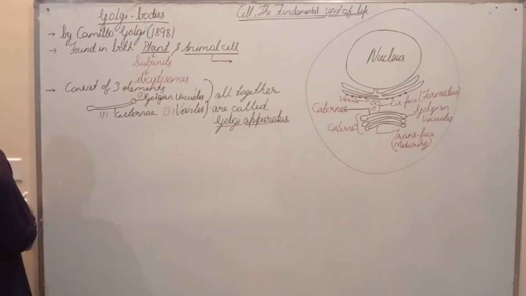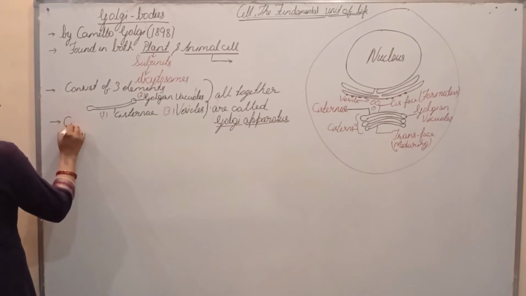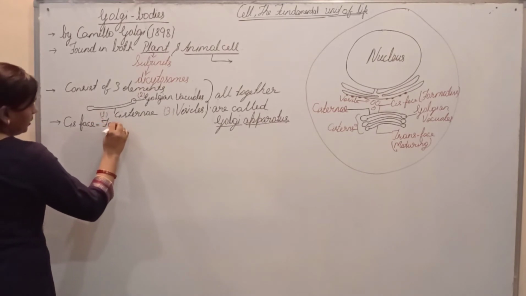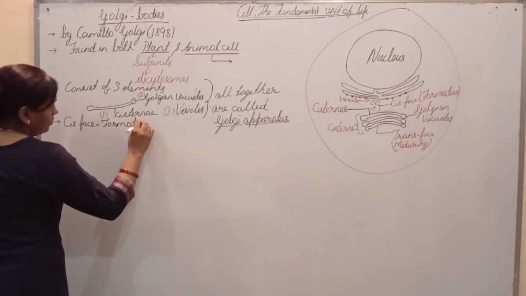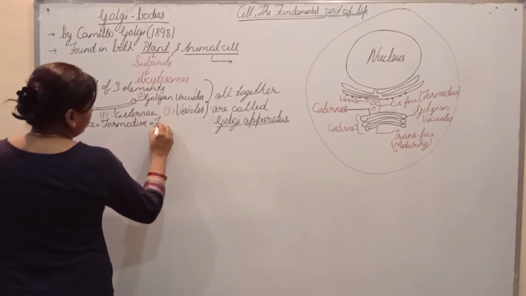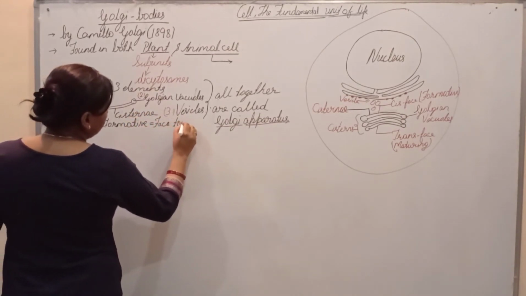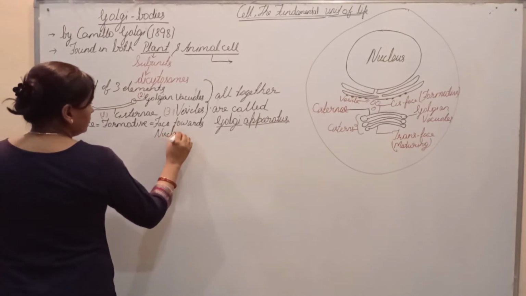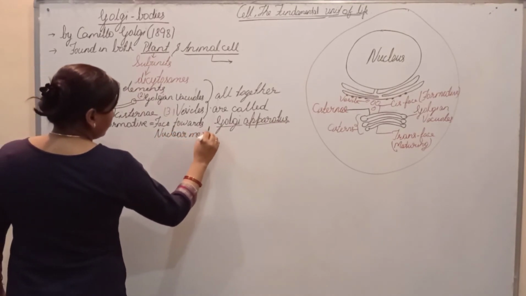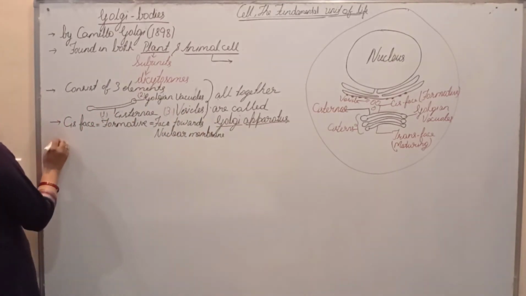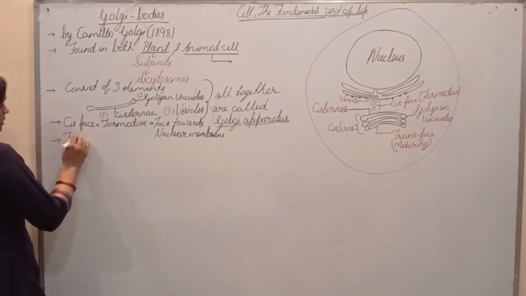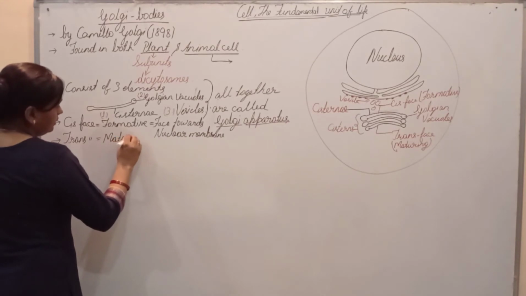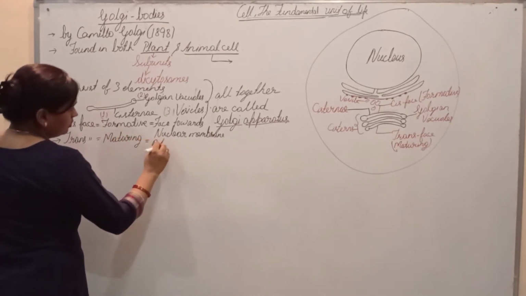This point is very important: the cis phase is called the formative phase and faces the nuclear membrane, while the trans phase is the maturing phase and faces the plasma membrane.